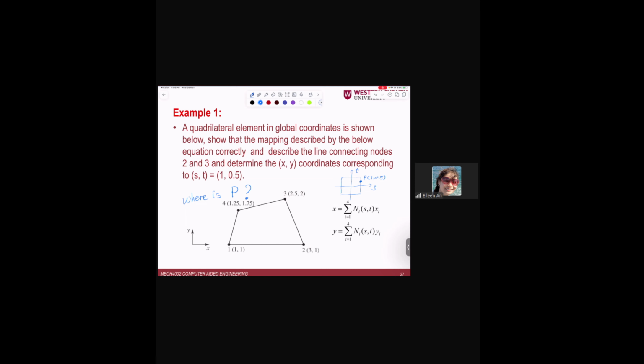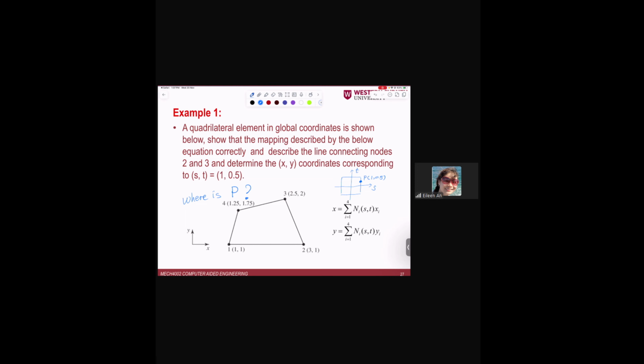I wonder where P is. Here. Make a guess. Where is P? Right edge. On the right edge, right?